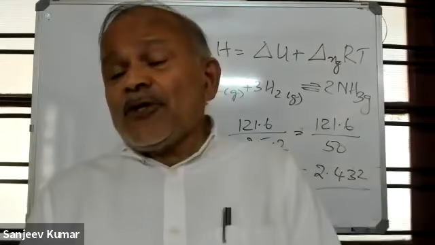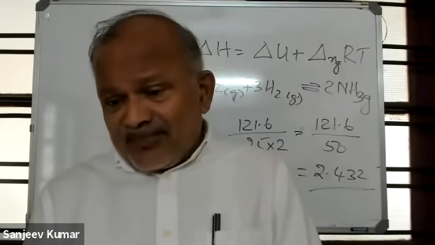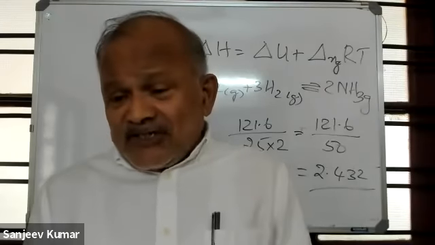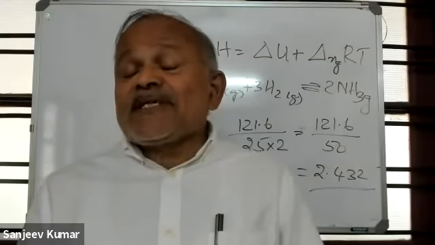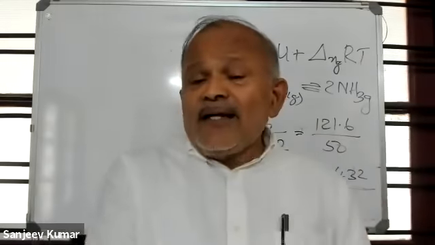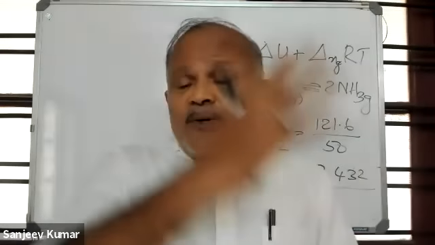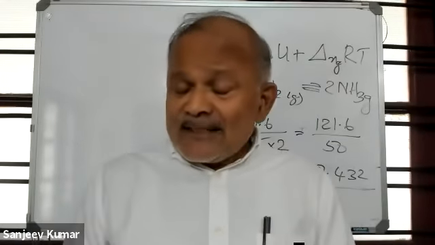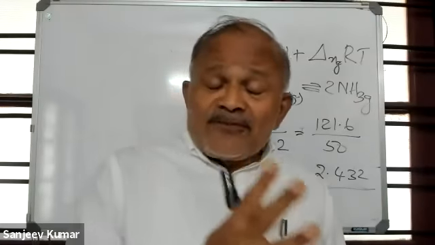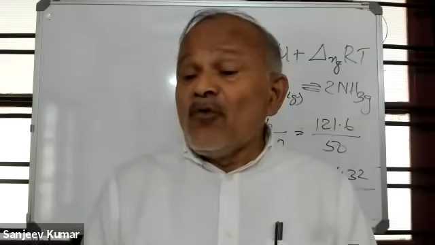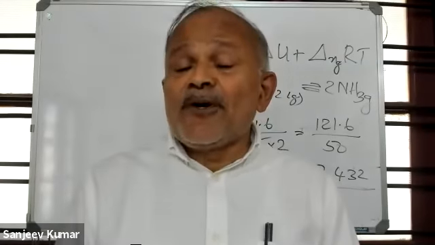And we know that according to Hess's law, the enthalpy change does not depend upon the steps involved. In order to convert solid sodium into gaseous sodium, the enthalpy of vaporization plus the enthalpy of fusion will give the enthalpy of sublimation.